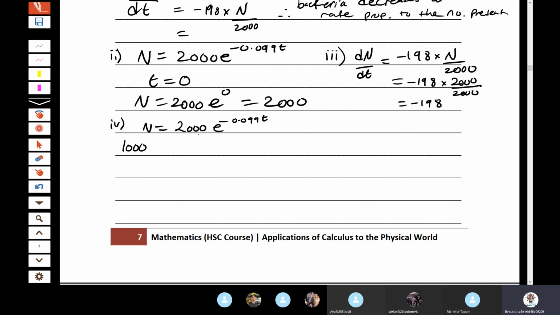Half of 2,000. So you initially started with 2,000 bacteria, now you're down to 1,000 bacteria. Okay, now we're trying to solve for t. So you divide by 2,000. 1,000 divided by 2,000 is a half. Log both sides.